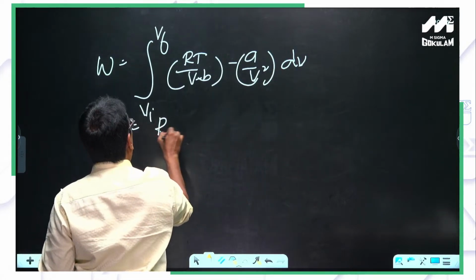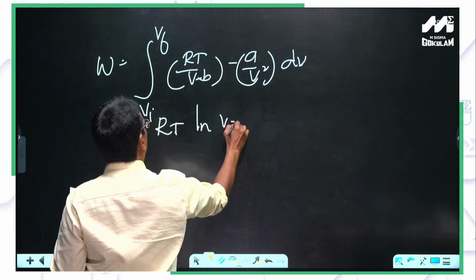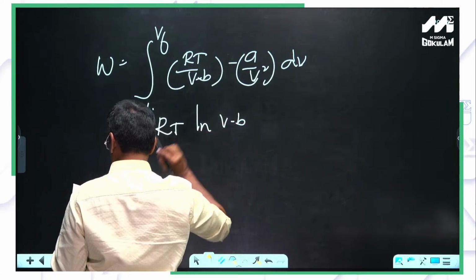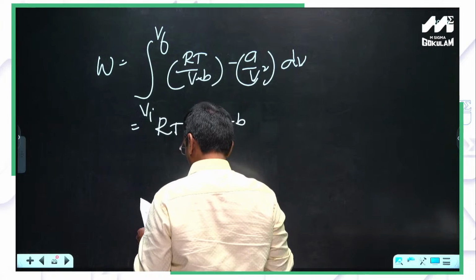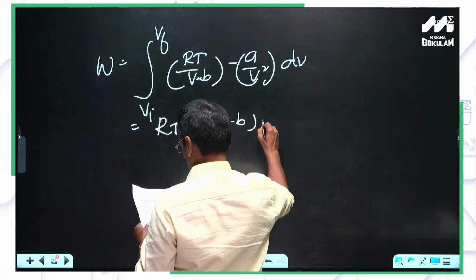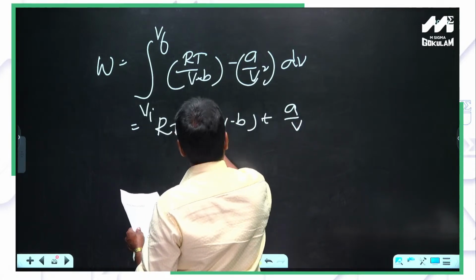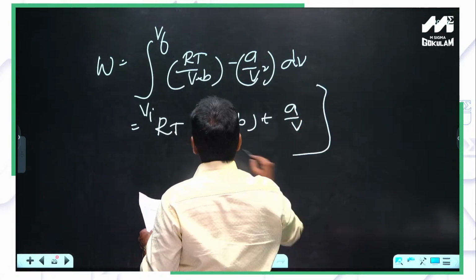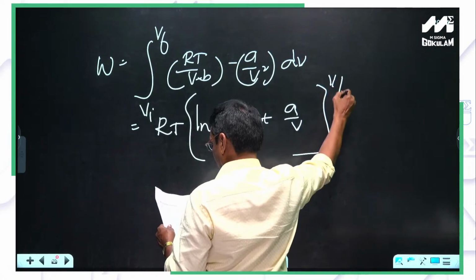It will become RT, taken common, log of V minus B, plus A by V, between the limits Vi to Vf.